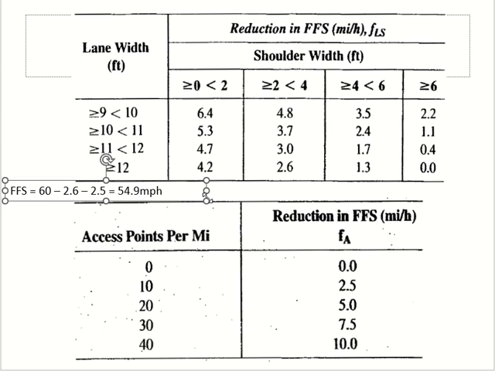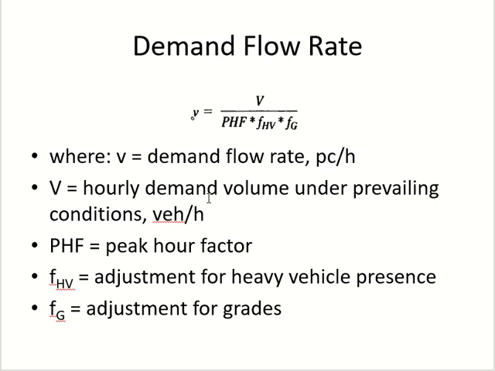Clear. The next step is also very common, which is to find out what? FHV. Always find out FHV. For FHV, I need the percentage of heavy vehicles, which is how much? 20%. And I need a factor which depends upon terrain, right?